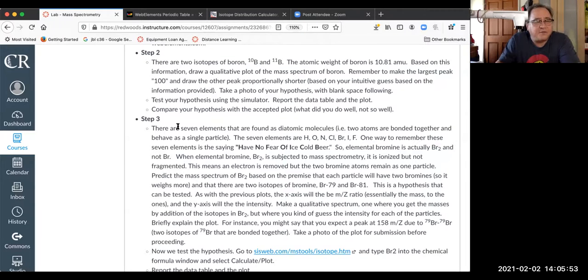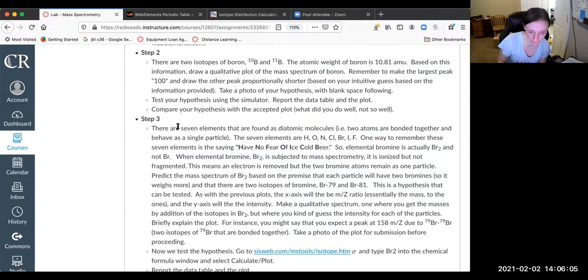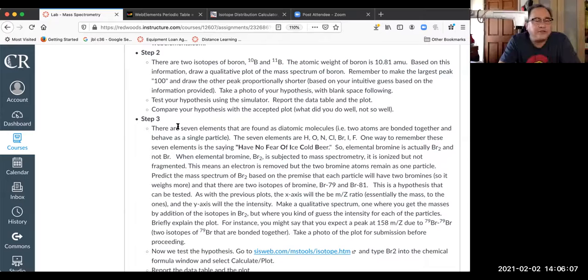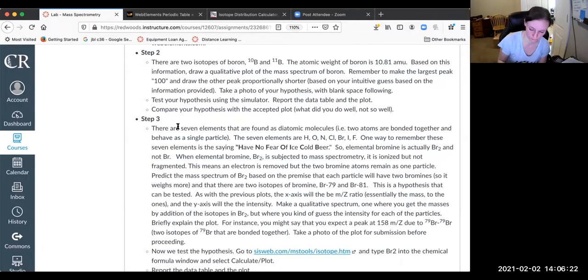Now, if we had an equal distribution of those isotopes, 50% of each, what would the average boron atom weigh? 10.5 AMU. Suppose there were more boron 10s than 11s, say 90% 10s and 10% 11s. What would the average be closer to? 10 AMU. 10, right.